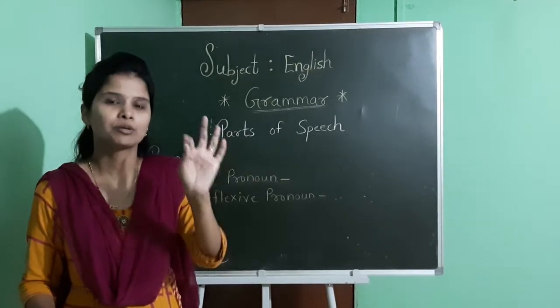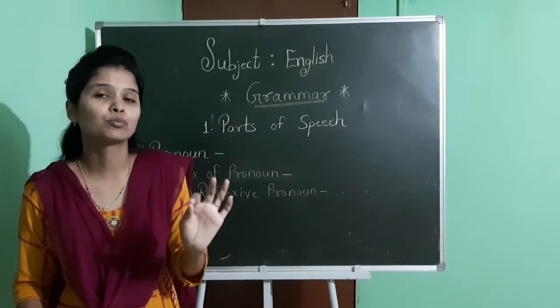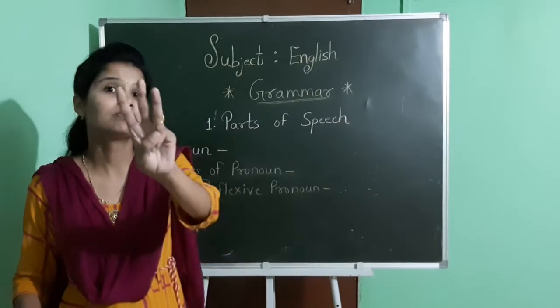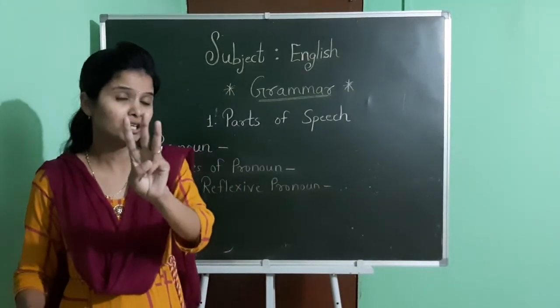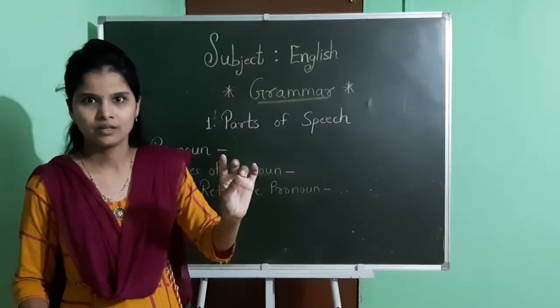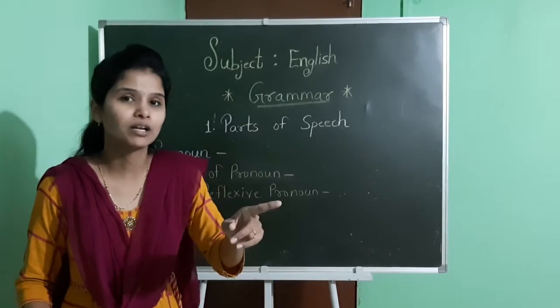I think you remembered the tricks I told, because demonstrative pronouns are identified by 3 tricks. It is based on 3 rules: distance, number and time. Again I revise. This and that are used for a singular thing.